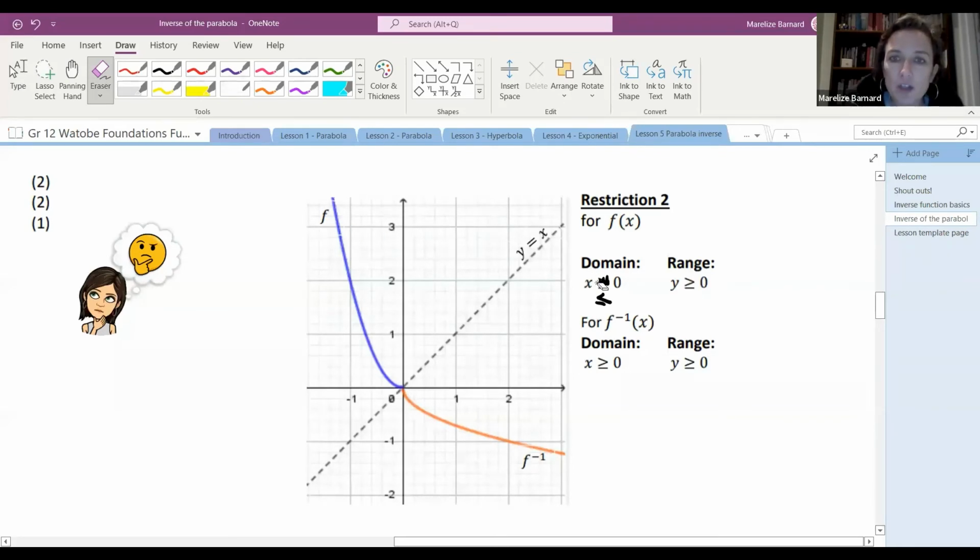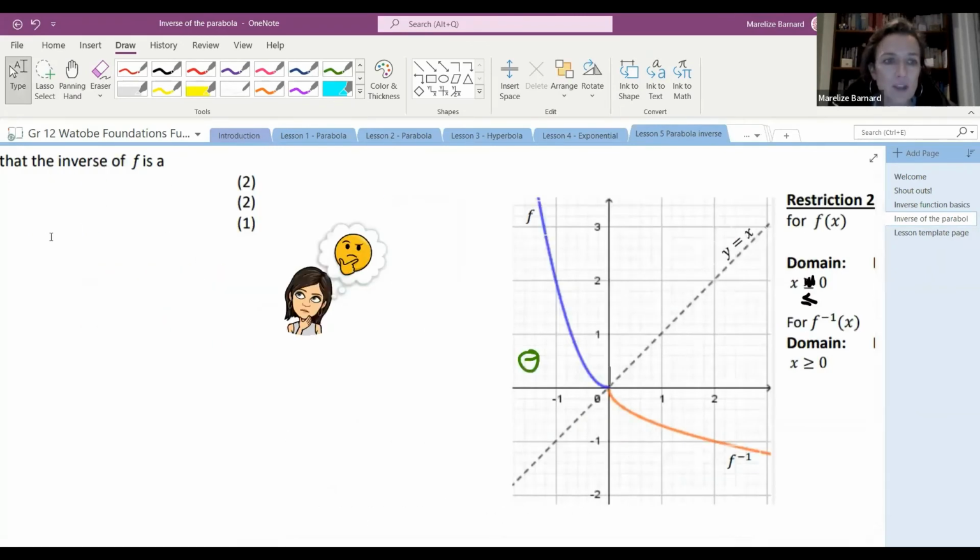If I'm only looking at my negative x values, then I kind of blur out or cover up the other part of the parabola where x is greater than 0. And I only look at this part and its inverse where x is smaller than 0. Okay, so that's your two domain restrictions.